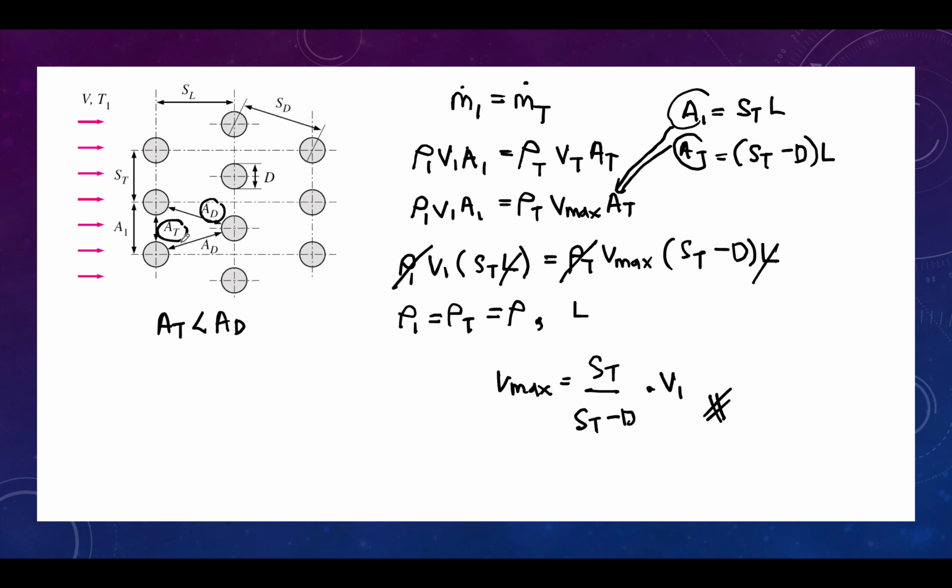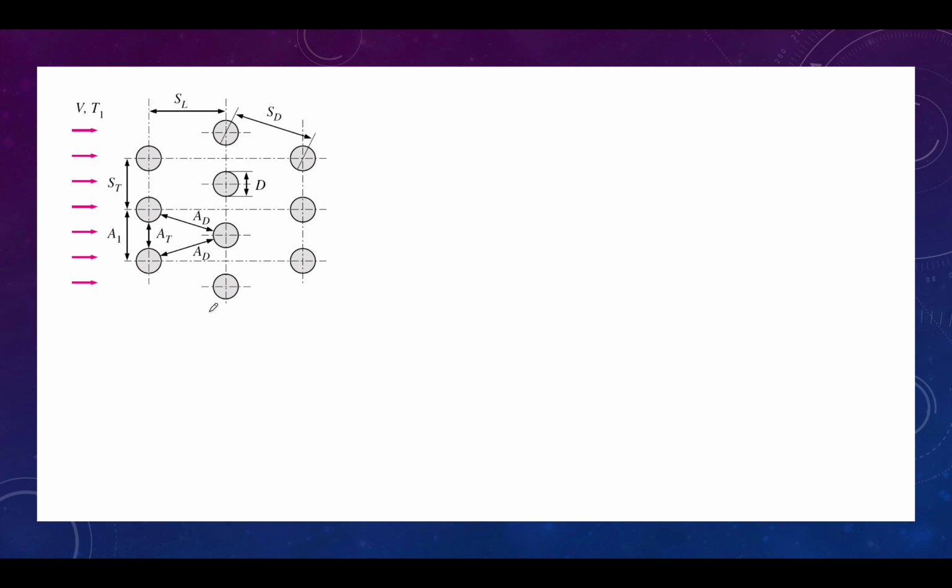Okay, let's take a look at the second condition where AD is much smaller than AT. So what if AD is much smaller than AT? What will happen here?